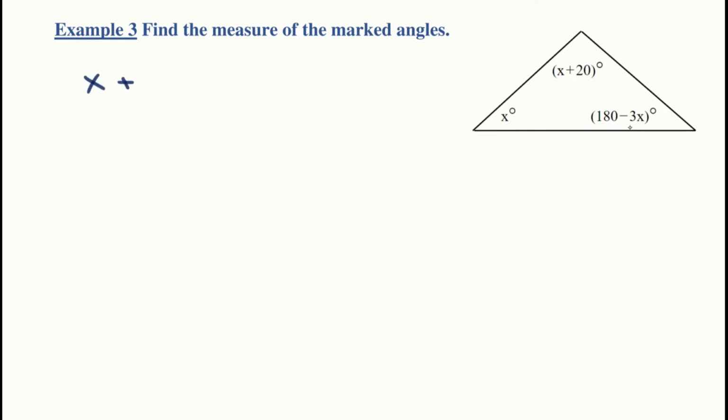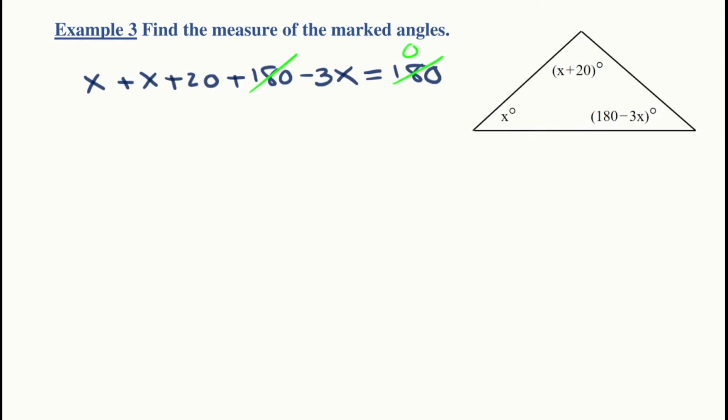So x plus 20 plus 180 minus 3x all should add up to 180. Now, of course, because we have 180 on both sides, we can go ahead and cross them out, leaving us a 0 on the right. If there is nothing left, we can usually leave it blank, but if 0 is going to play a role, we need to write it, otherwise it could be forgotten.